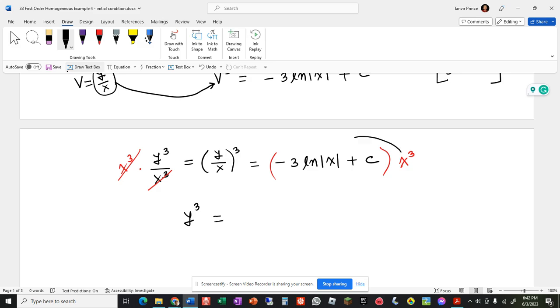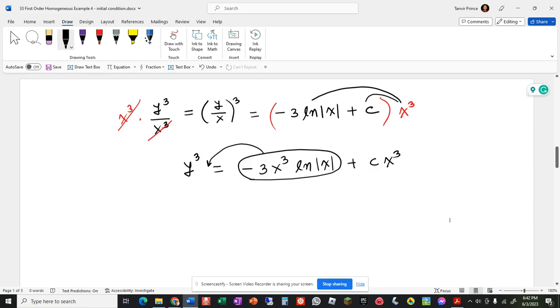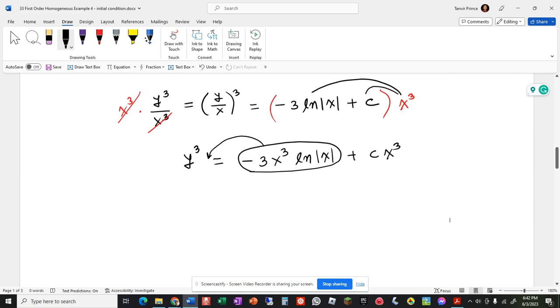So let's multiply out here. So I end up with -3 x cube ln x plus cx cube. And why not I move this to this side? Here actually you can take the cube root of both sides to see an explicit solution, but let's not do that.